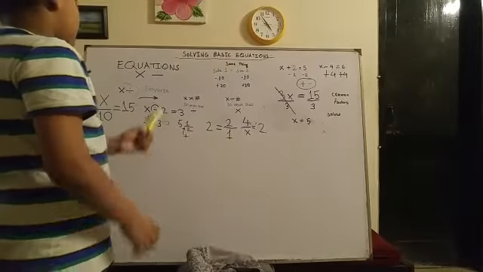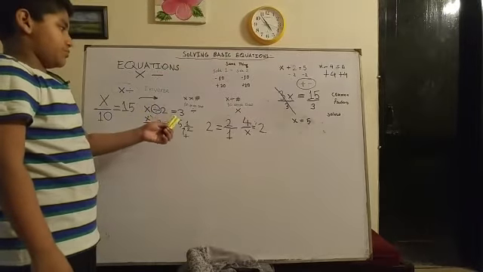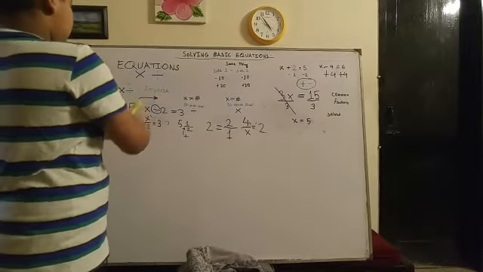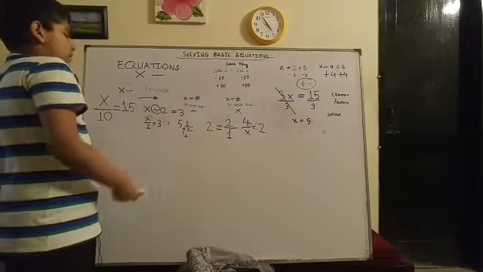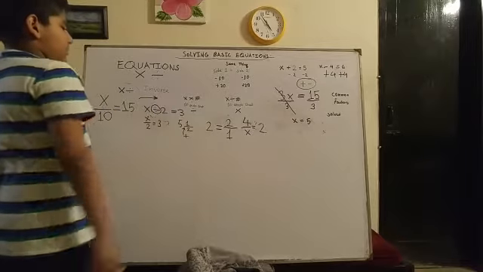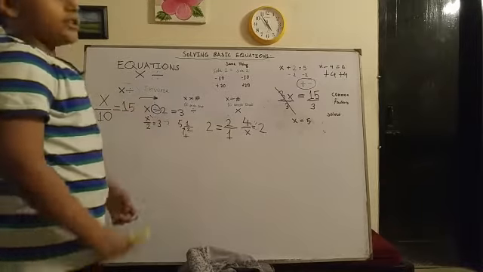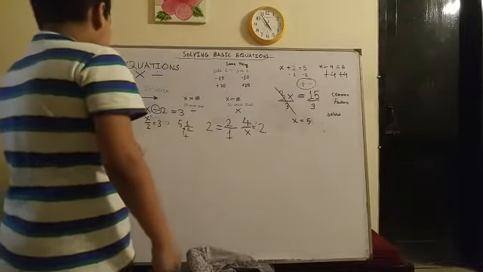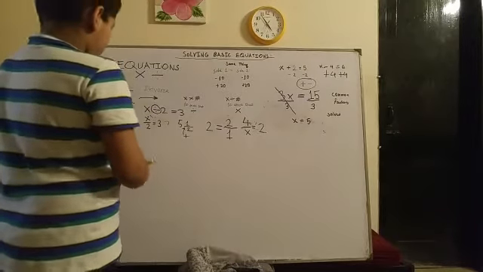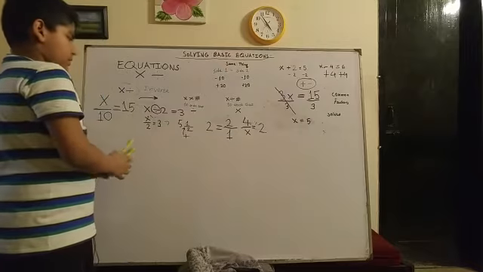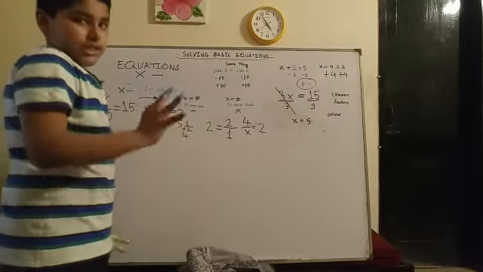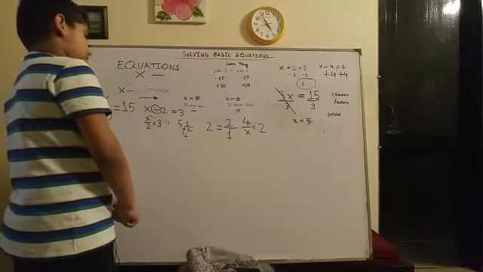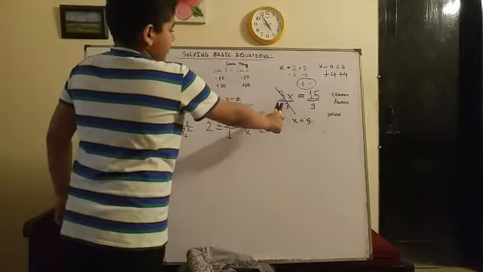Let's try another one. x divided by 2 equals 3. Now if the equation is written left to right with the traditional division sign, I want you to rewrite the equation in fraction form, because it's much easier to cancel common factors when these are in fraction form.